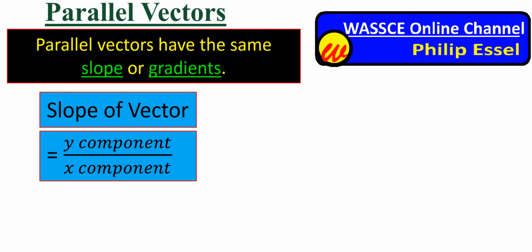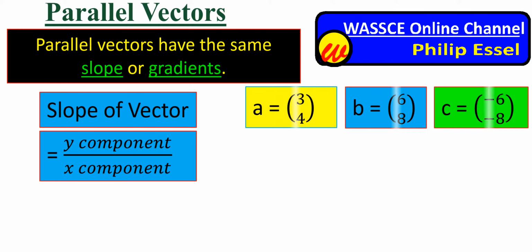So if we have the three vectors A, which is equal to (3, 4), B, which is equal to (6, 8), and C, which is equal to (-6, -8), we should be able to calculate their slopes because we know their x component and their y component.